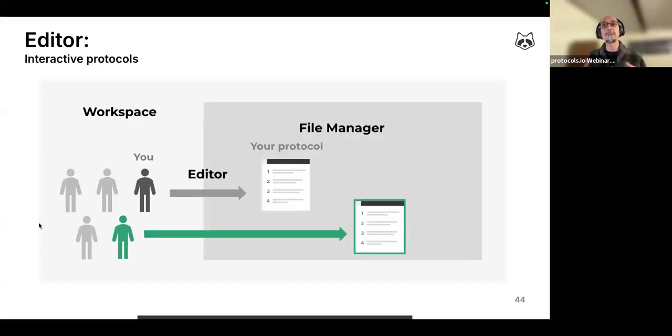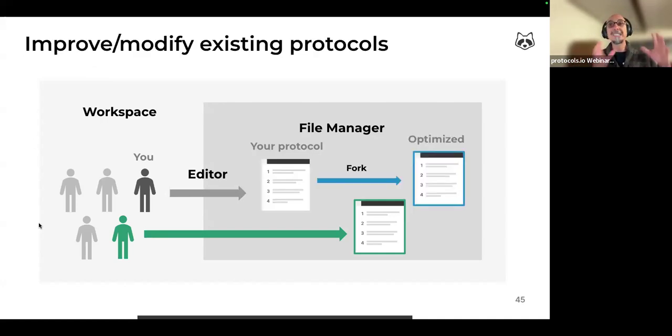Members of a workspace can also create their own protocols in the file manager, or take an existing protocol and make a fork, or editable copy, to optimize it further.